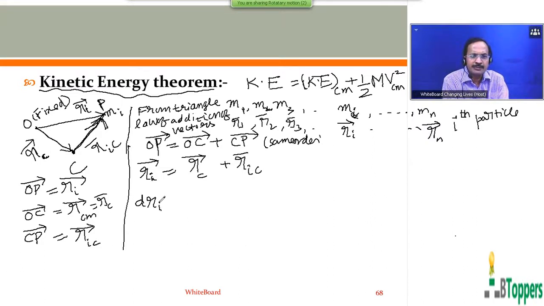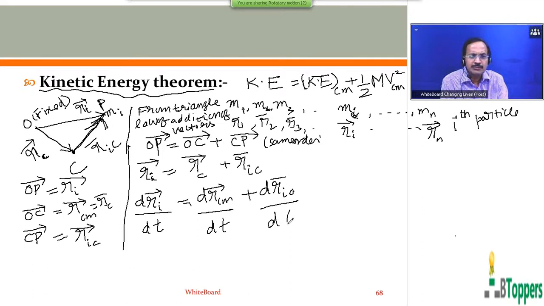Now, if you differentiate this equation on both sides with respect to the time t, dr bar by dt with subscript I gives you the rate of change of position vector of the ith particle with respect to the origin O. That gives you the velocity of the ith particle with respect to the origin O of the inertial frame of reference.